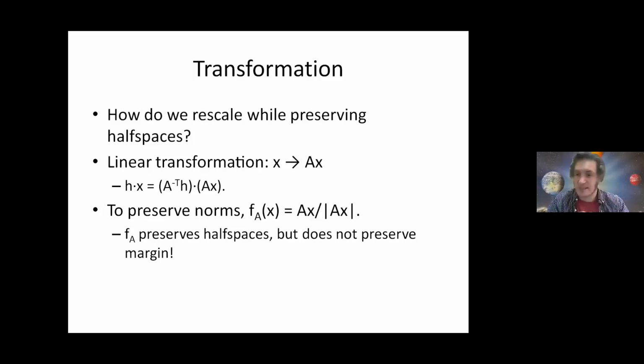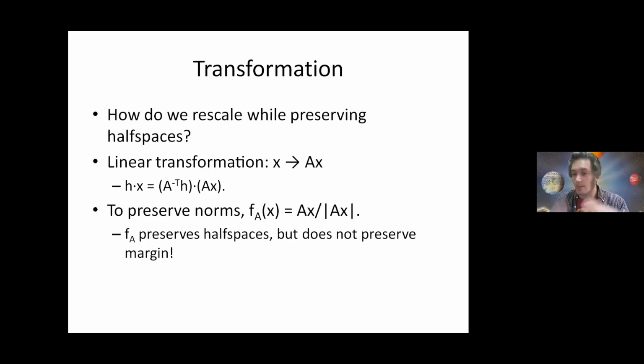This fact that everything is unit norm is very convenient for us in doing things like defining margin in a useful way. And so what we're going to do is, after applying this linear transformation A, we are then going to renormalize all of our vectors. So we're going to define this function f sub A of x to be, you apply A to x, and then you divide that vector by its norm.